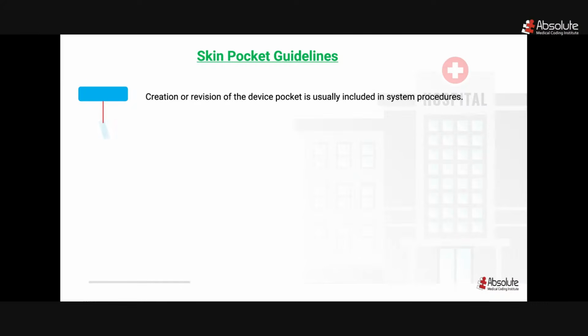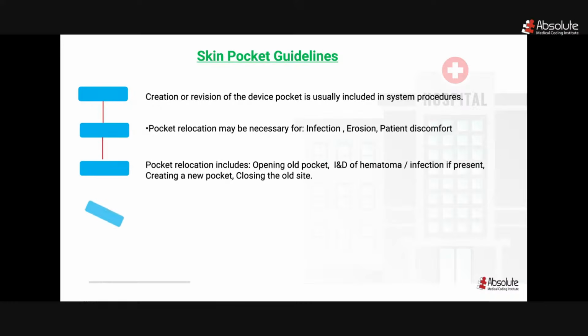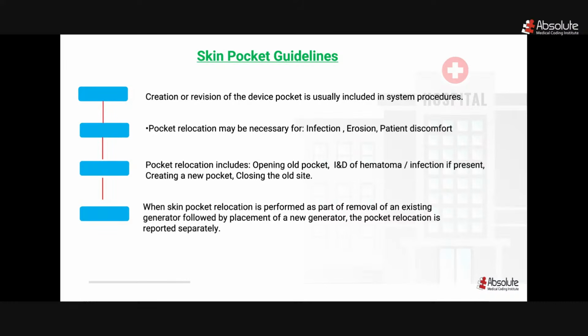Next is about the skin pocket guidelines. Creation or revision of the device pocket is usually included in the system procedure. Pocket relocation may be necessary in scenarios where there is an infection, erosion, or patient discomfort.